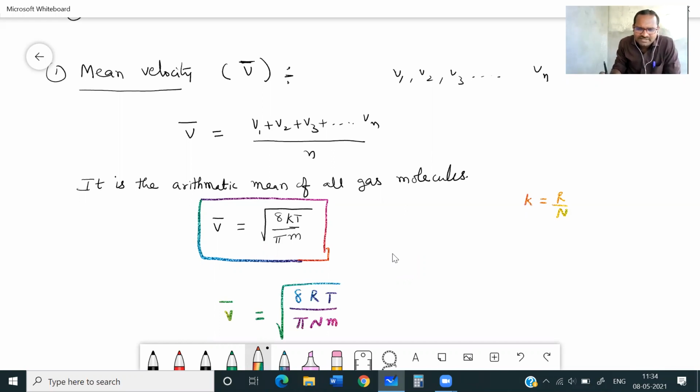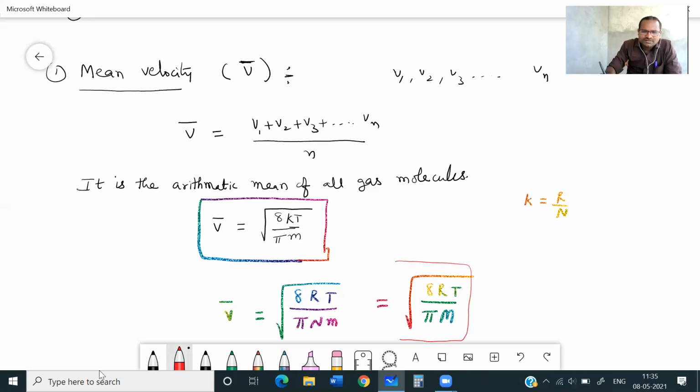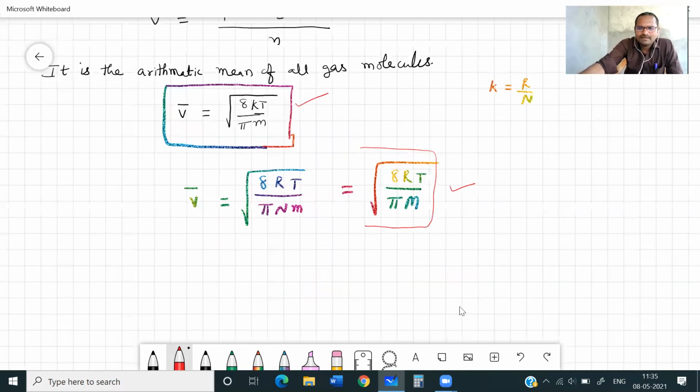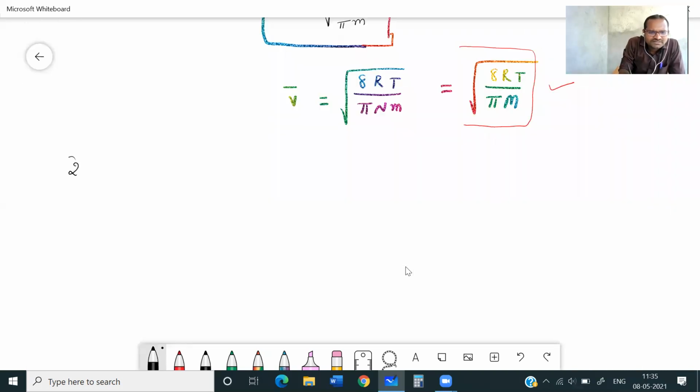In the place of K, I am writing R by N. We can give this formula also. Remember, these are the arithmetic mean, the mean velocity of all gas molecules. Very important, you need to remember this. Clear? Next, second one is RMS velocity.